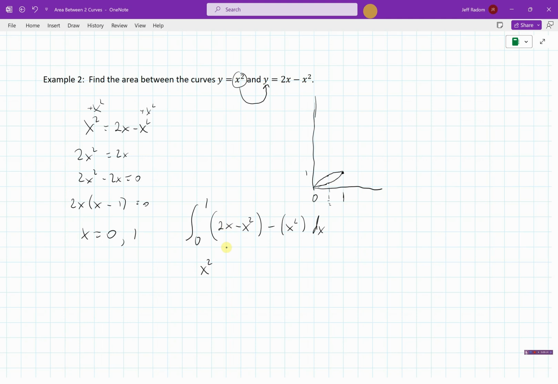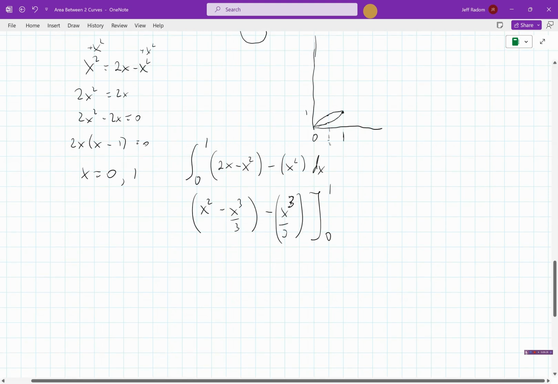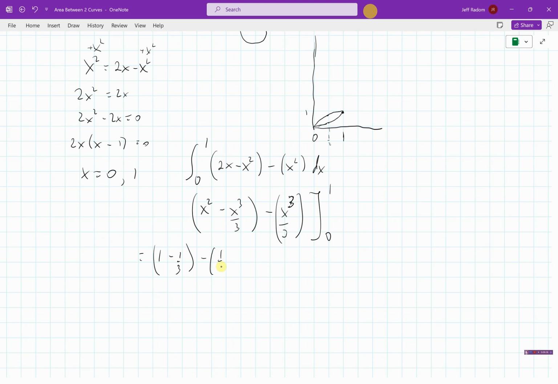So the integral of 2x would be x squared, minus x cubed over 3, minus x cubed over 3. And we are doing this from 0 to 1. Putting 1 in gives us 1 minus a third minus a third.